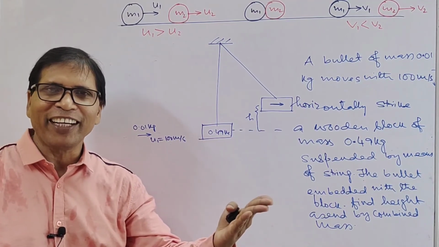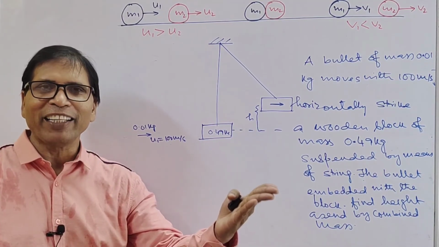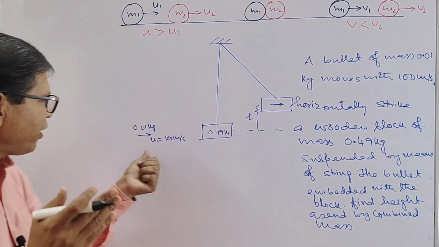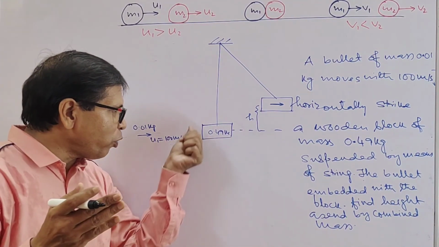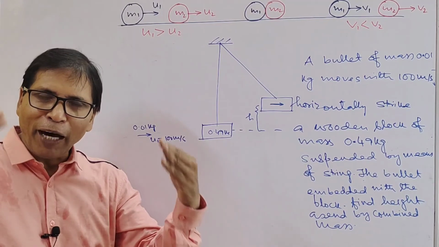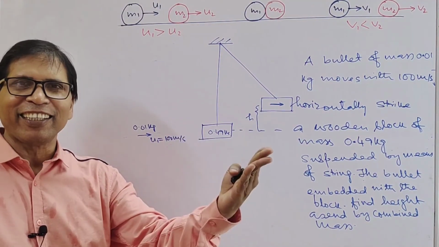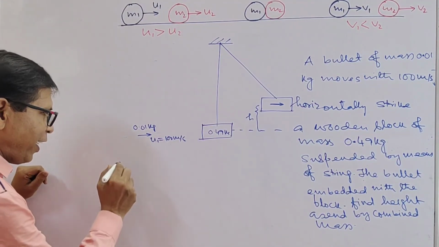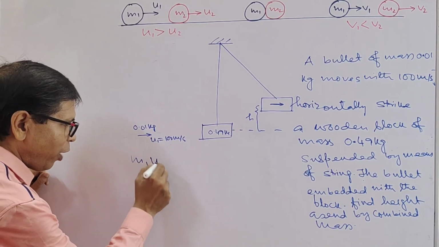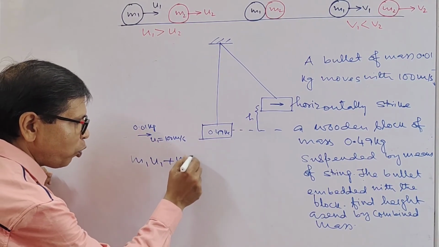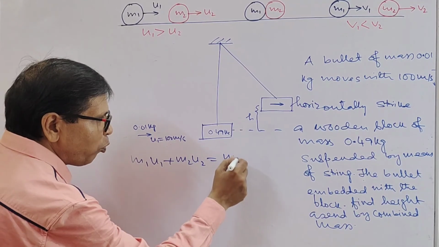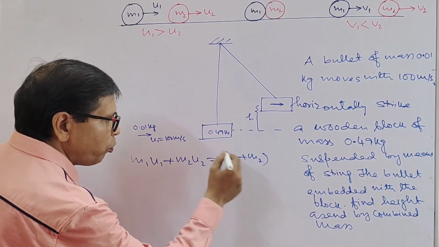We have to calculate the height ascended by the combined mass. Now as the bullet combined with the block, it is a perfectly inelastic collision. Now in perfectly inelastic collision, m1 u1 plus m2 u2 equals m1 plus m2 into v.